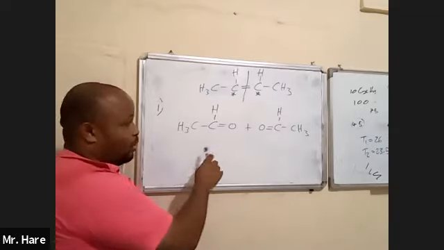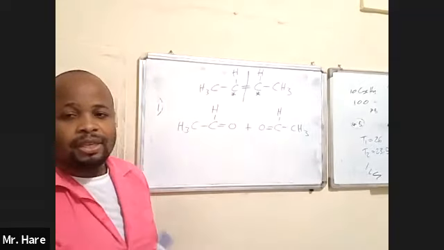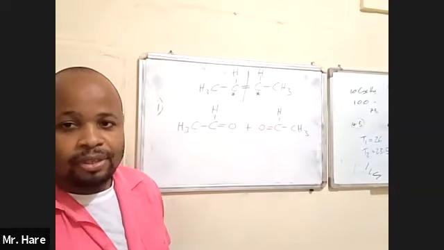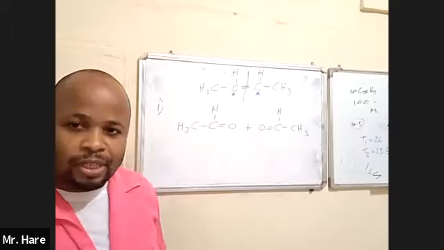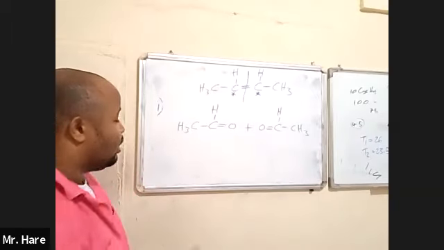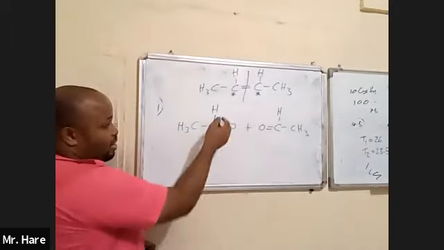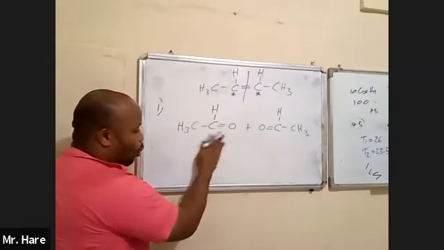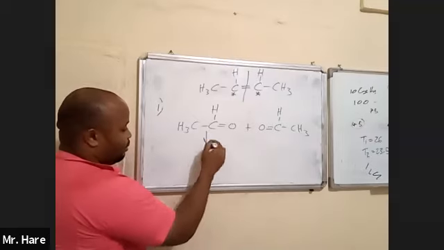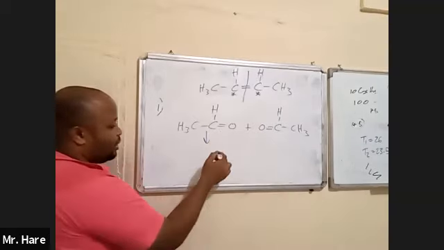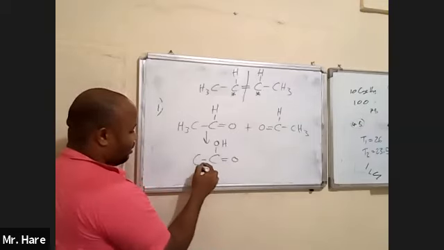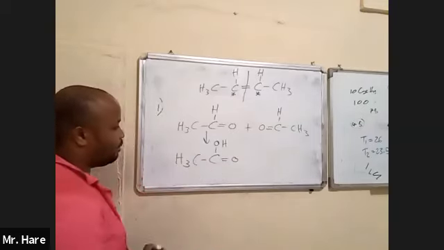In this case, we have aldehydes. When you get an aldehyde, that is not the final product. It is going to be further oxidized to a carboxylic acid. All you're going to do, where you have the H attached to the carbon, just change it to an OH. All right, so this H becomes OH, and that's how you get your carboxylic acid.